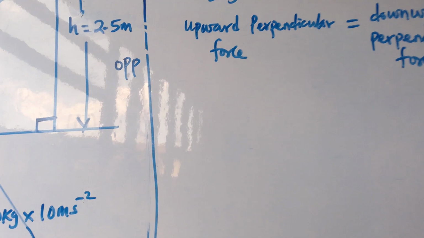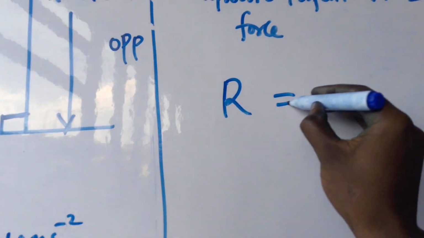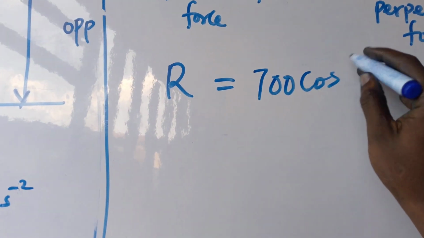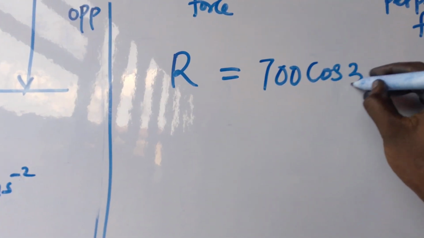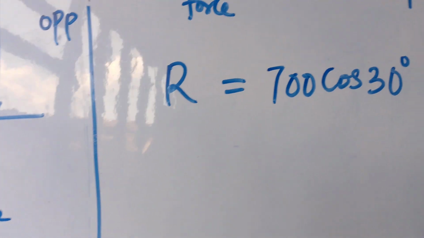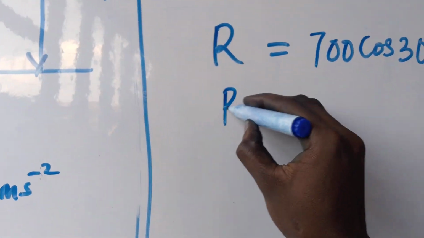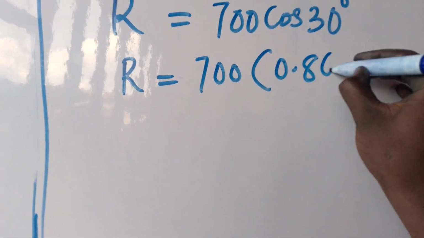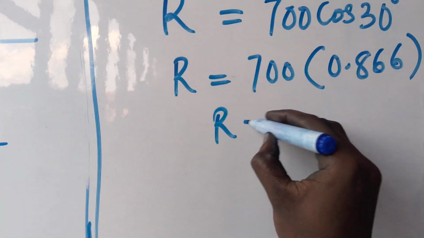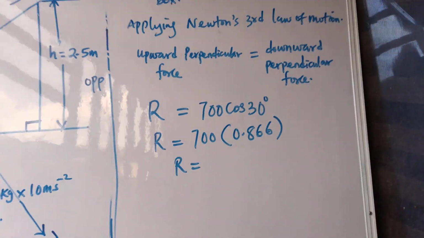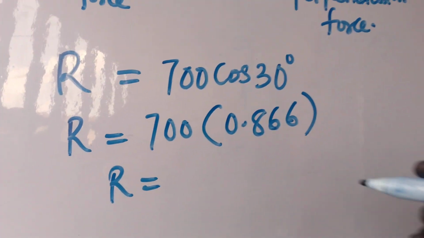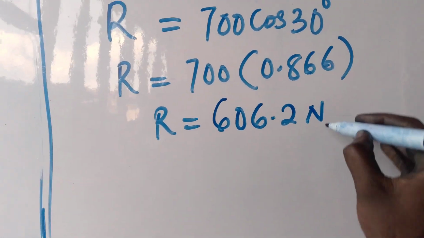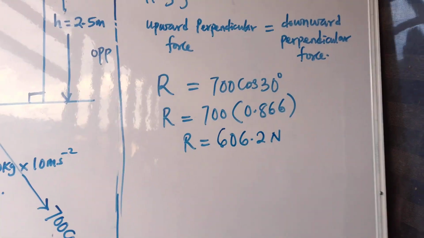The upward perpendicular force is the normal reaction R. The downward perpendicular force is 700 cos 30 degrees. So that means R will be equal to 700 times cos 30, which is 0.866. So the normal reaction is 700 times 0.866, which gives 606.2. Okay, that's the normal reaction.